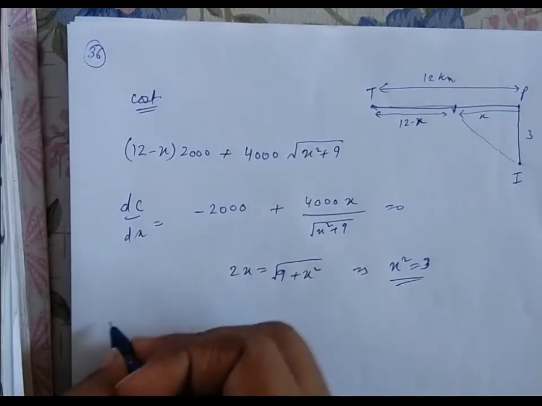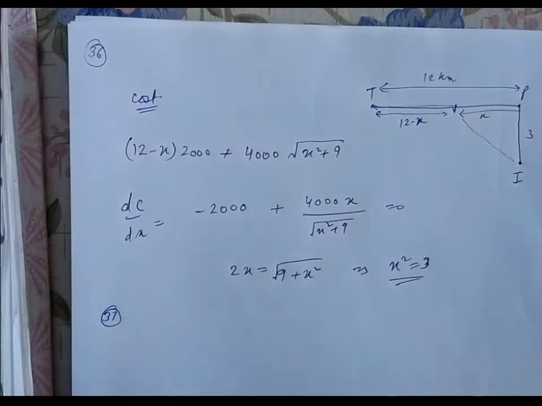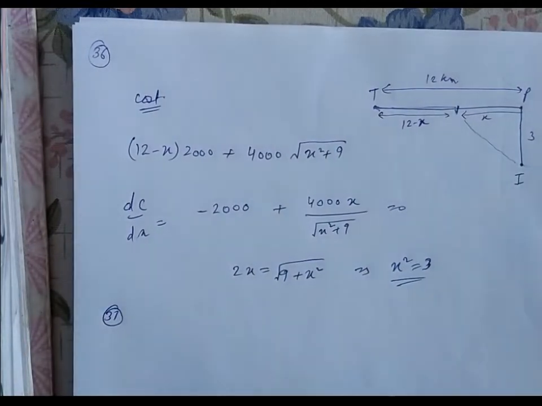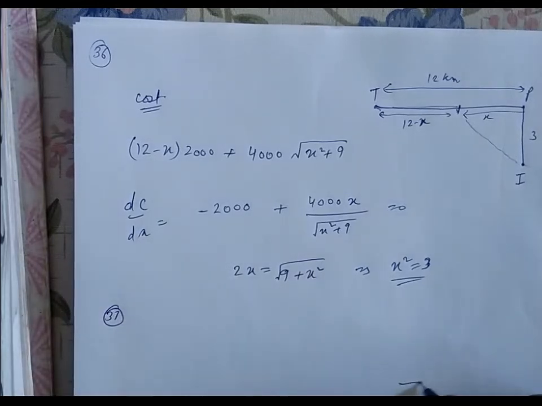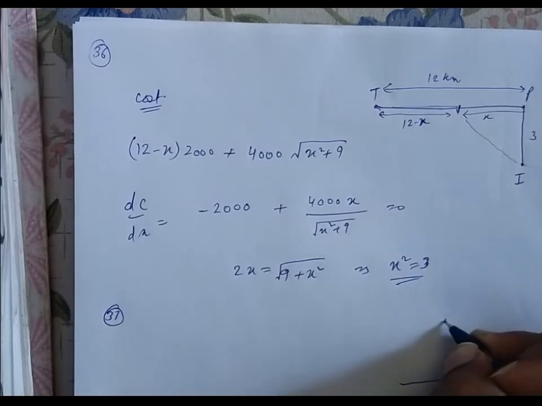Question number 37. A firm has a branch store in each of the three cities A, B, C. A and B are 320 kilometers apart, and C is 200 kilometers from each of them. Okay, so it would form an isosceles triangle.